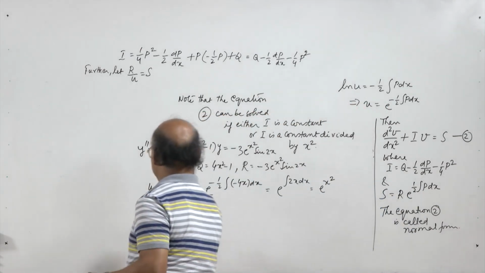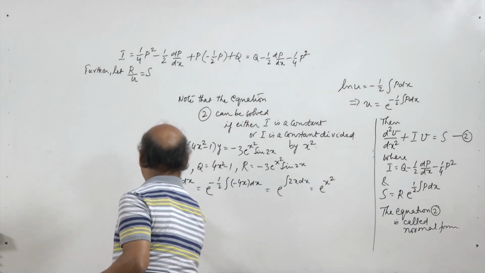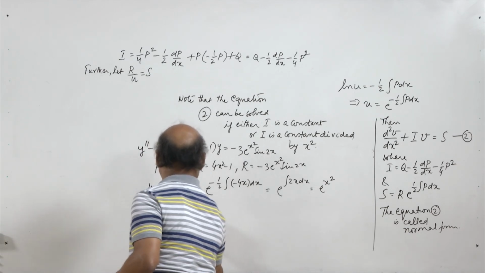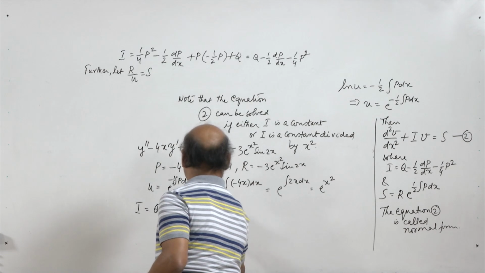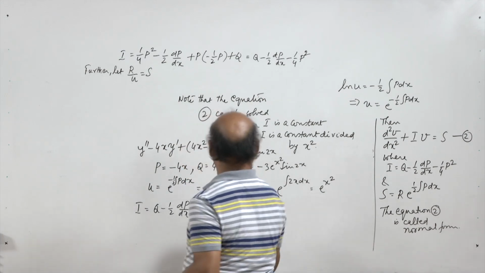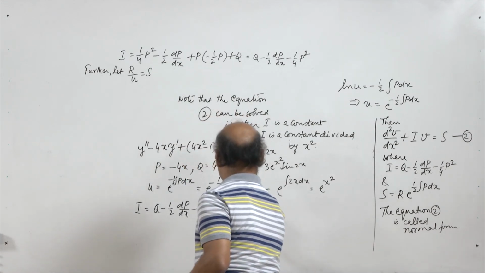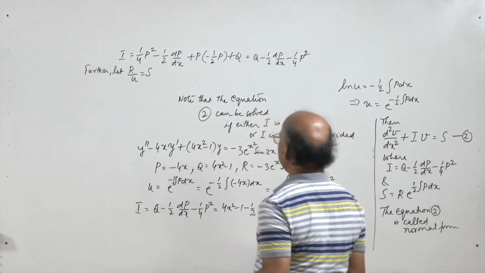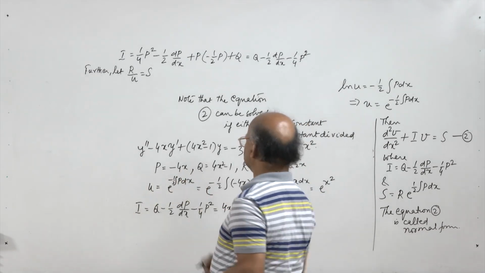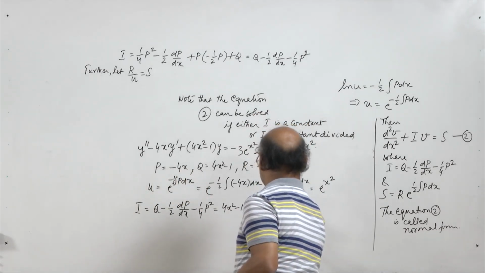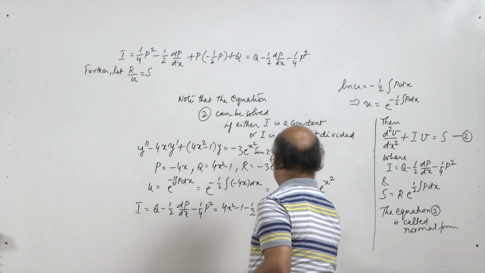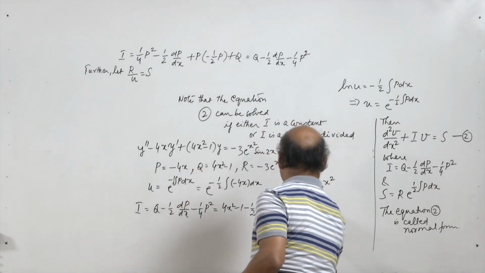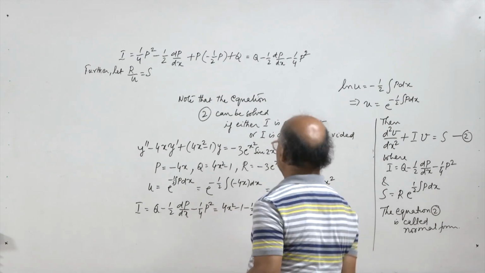Now, let us find I. I is equal to q minus half dp by dx minus 1 by 4 p square. So, q is 4x square minus 1 minus half dp by dx. When you find dp by dx here, you get minus 4 and then minus 1 by 4 p square, so you get minus 4x square whole square.